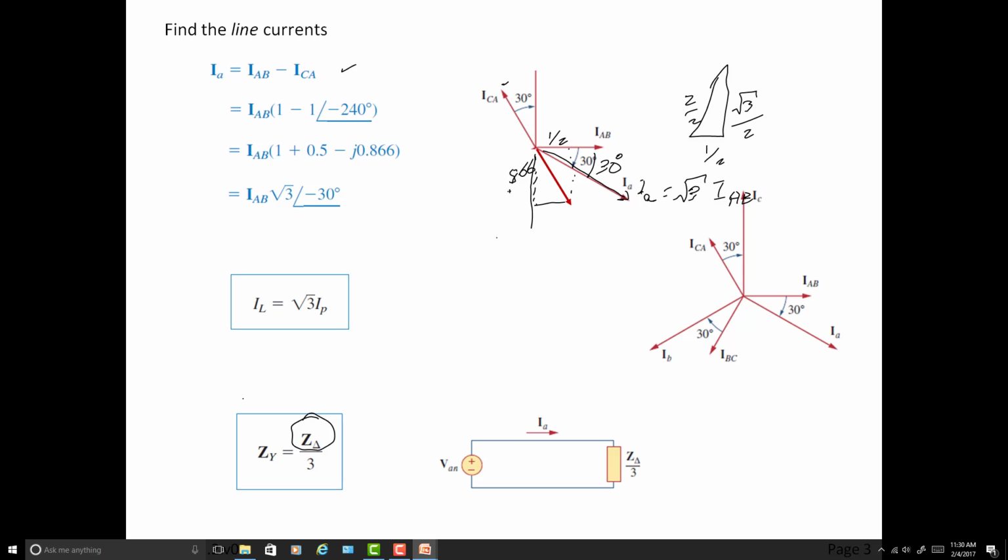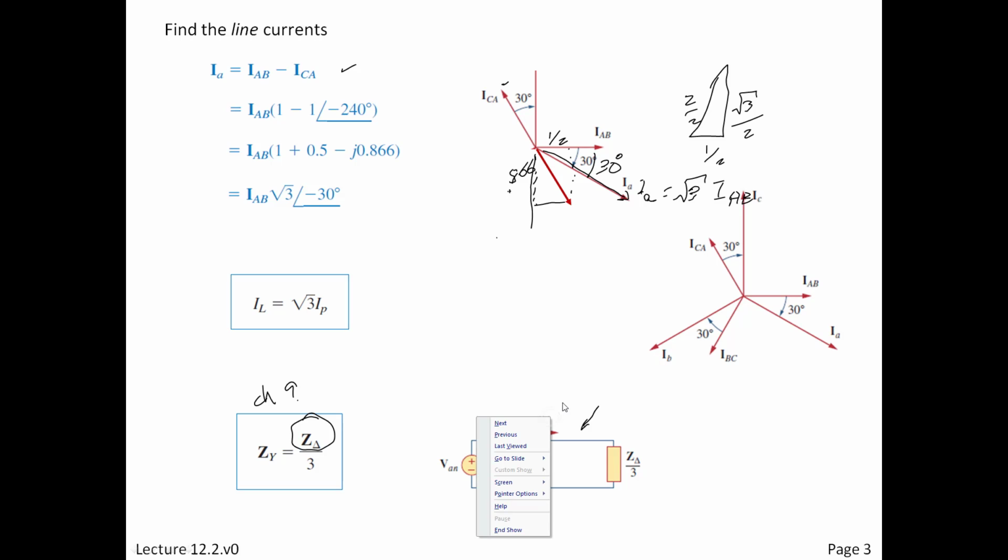And that was derived back in chapter 9, I believe. We used this before already. And when you do that, then we have this really nice single loop circuit which contains the phase voltage that we were given, could easily get the line current that we want.